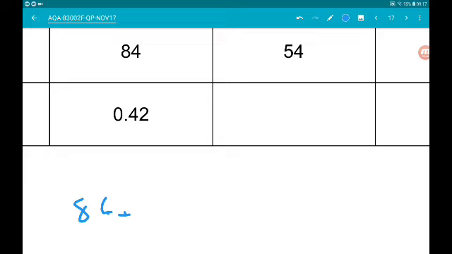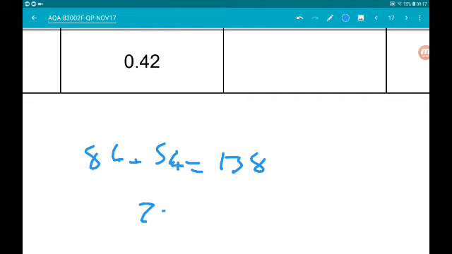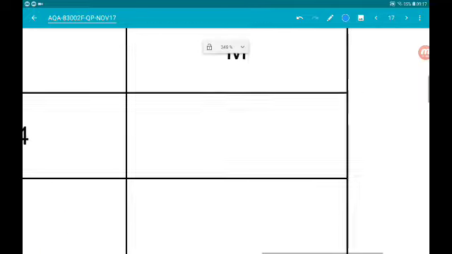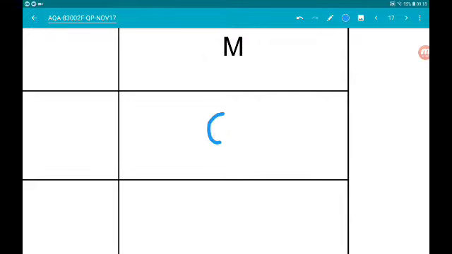So 84 add 54 is 138, so we do 200 take away 138, and that gives us 62. So M happened 62 times.